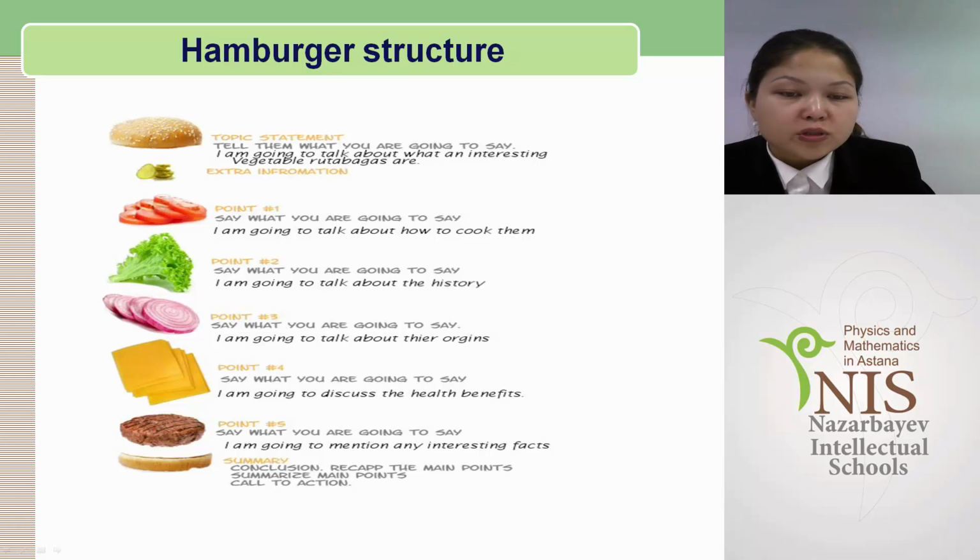And the fourth point is you will talk about health benefits. And the last point is you need to mention any interesting facts. And of course, when you finalize, you need to give a conclusion, like recap the main points, summarize the main points, call to action.